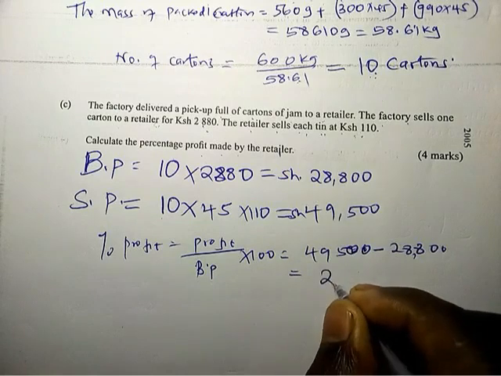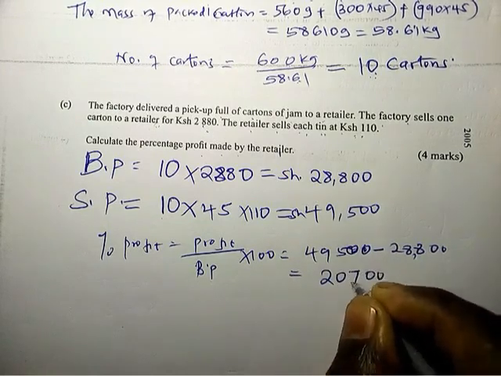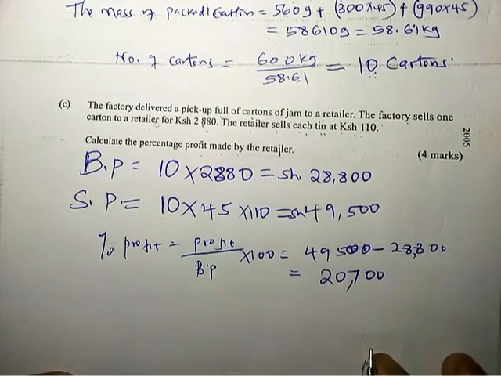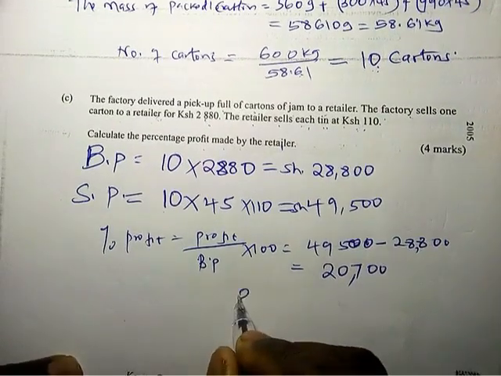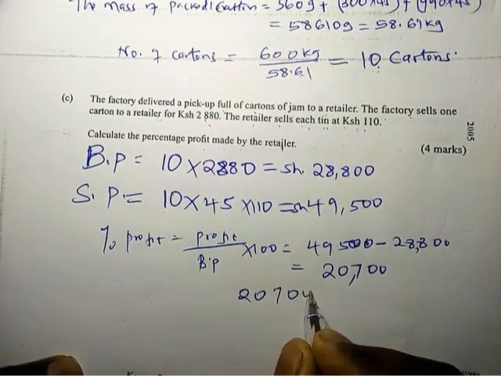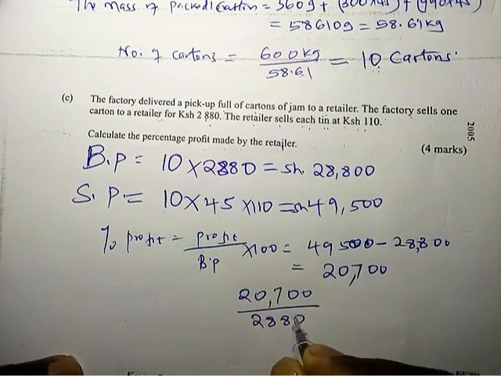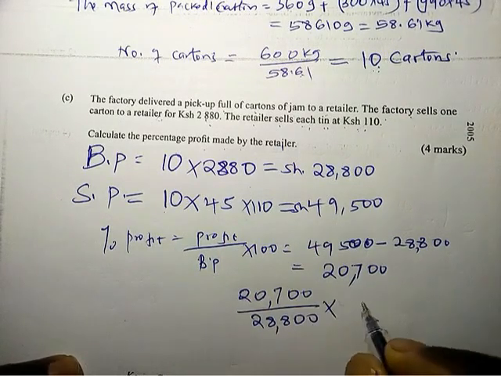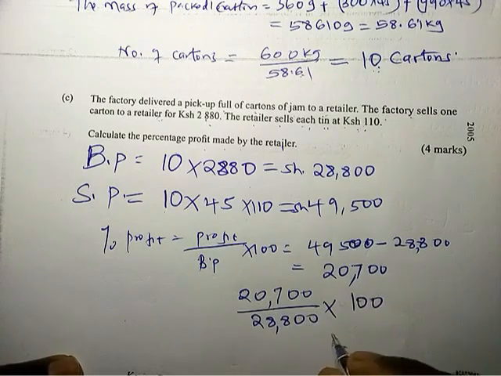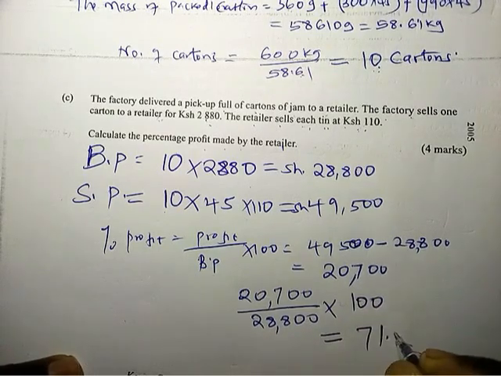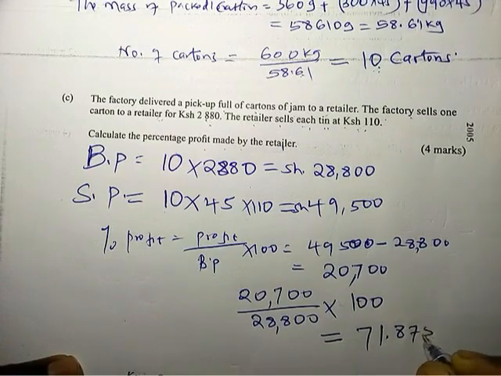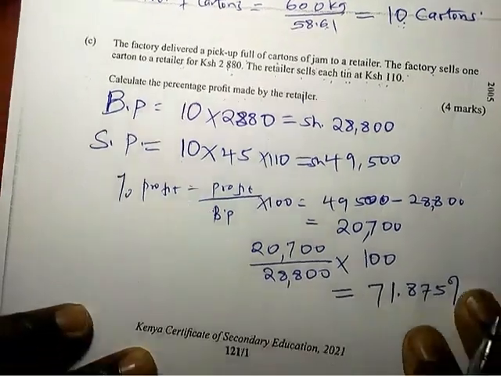That one gives us 20,700. That is the profit. So the percentage now is 20,700 divided by the buying price, which is 28,800. You multiply with 100. And this one gives us 71.875%.